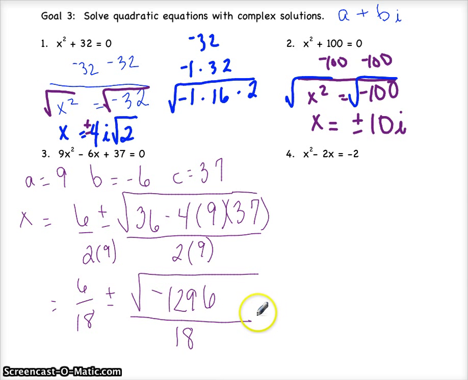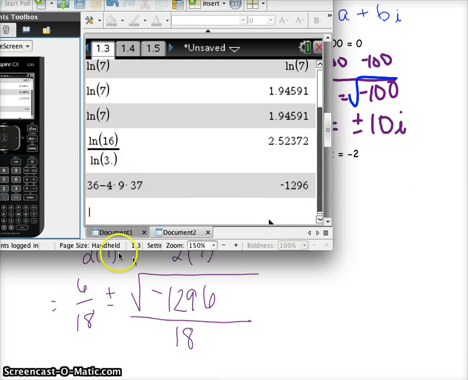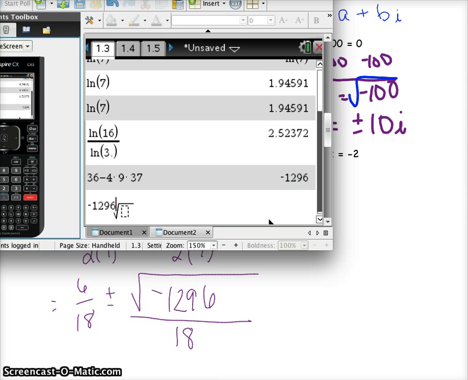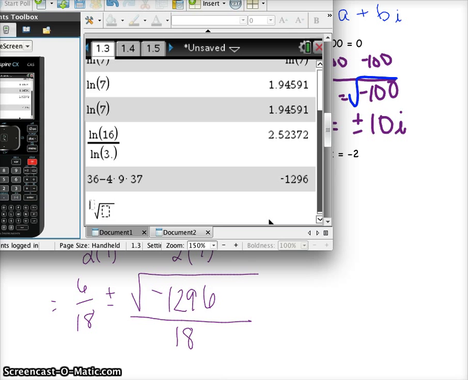Now, I am giving you permission to find the square root of negative 1,296 using your calculator, okay? I do not give you permission to type in this entire problem and let the calculator do the work for you, but I will give you permission to simplify this huge radical. So let's see what that is. So we will take the square root, whoops, wrong place.